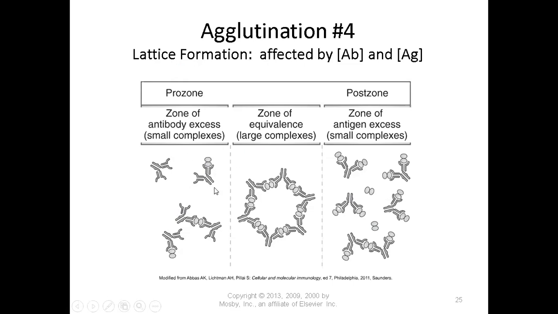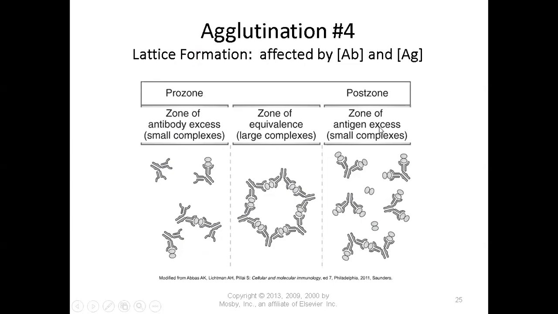We see that the antibody binding sites are binding to these red cells, but we're not seeing that cross-linking that we see here. And so even though sensitization has occurred, when we look at our test system, it may look negative. We're not able to see it because we have way too much antibody here. So we're not getting that nice cross-linking.